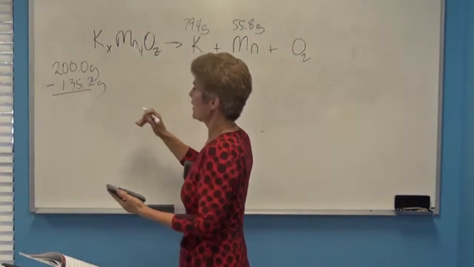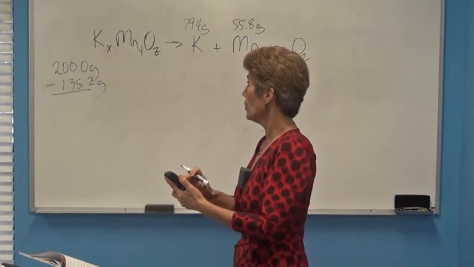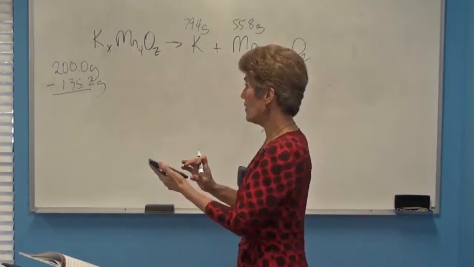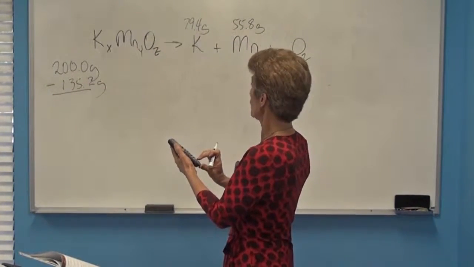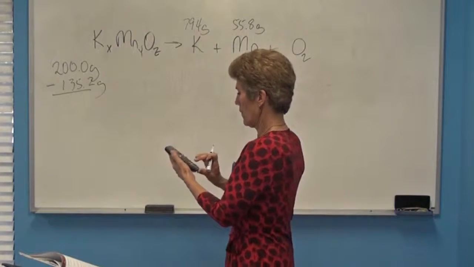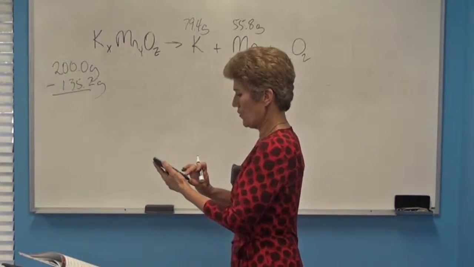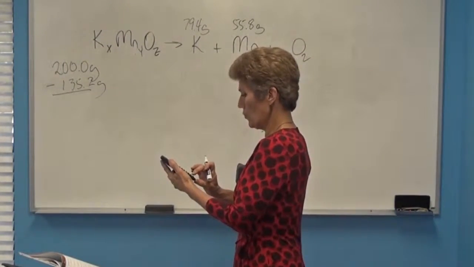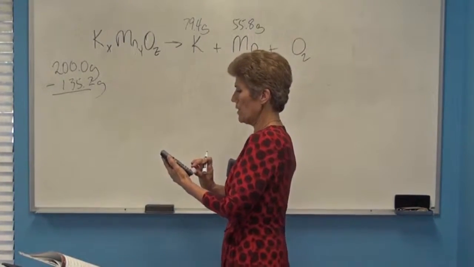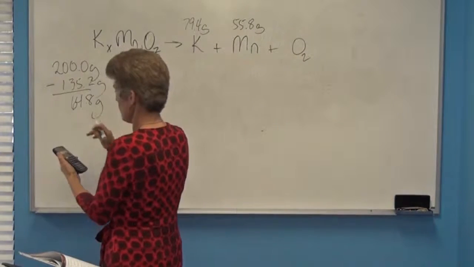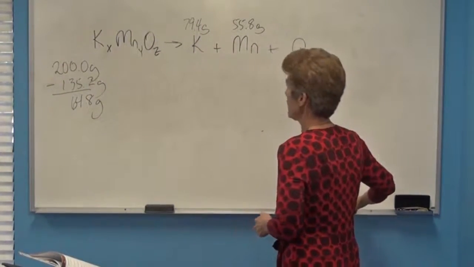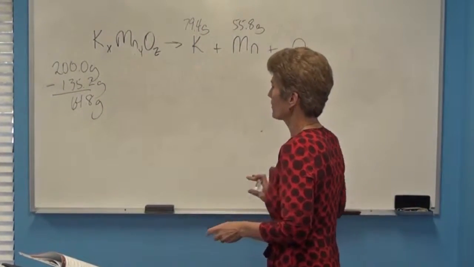So we know that the oxygen has to be what's left, because of the law of mass conservation. I'll add those two numbers up once more to make sure I did it correctly. Yep. So 200 minus 135.2 equals 64.8 grams.